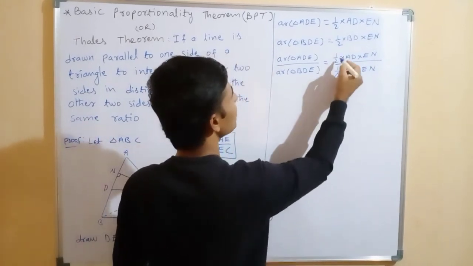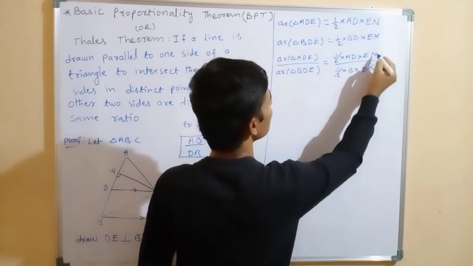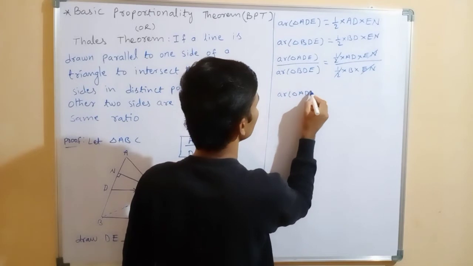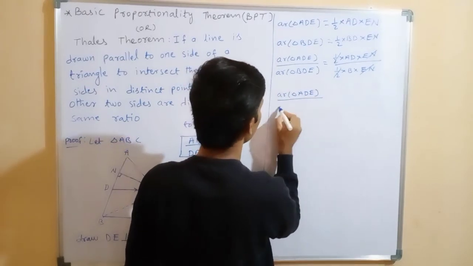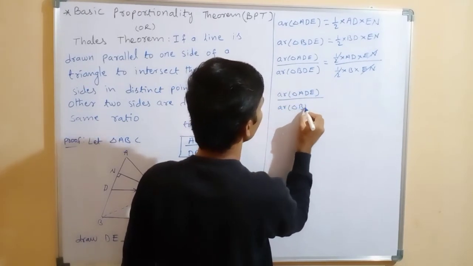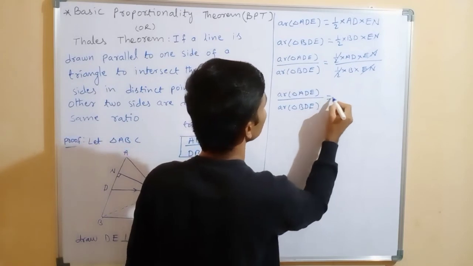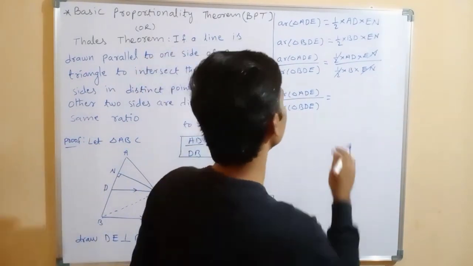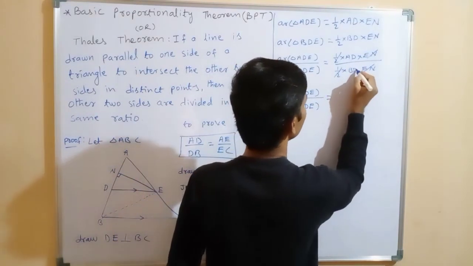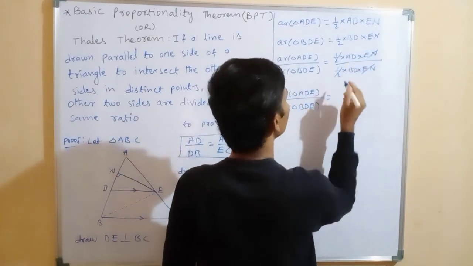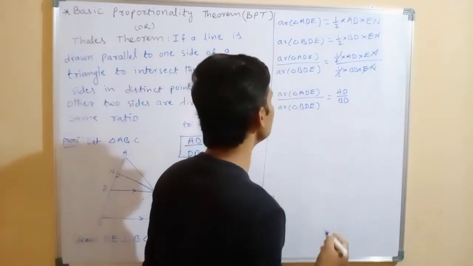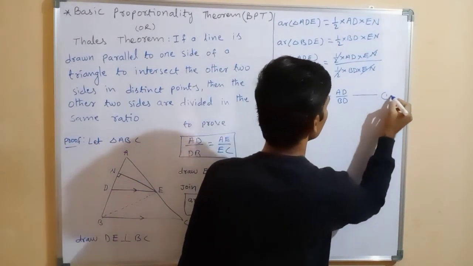Half cancels, EN cancels. So the area of triangle ADE by the area of triangle BDE equals AD by BD. Take this as equation number 1.